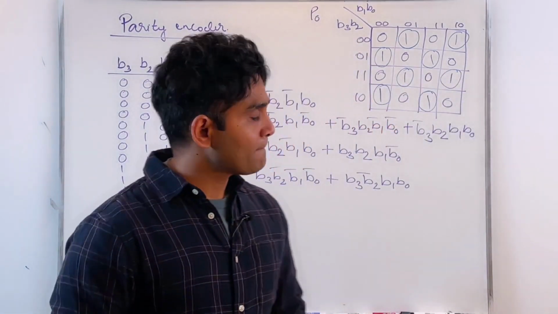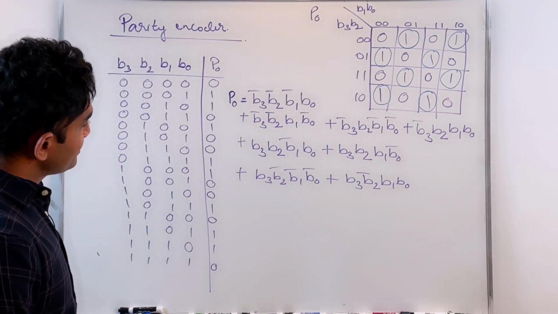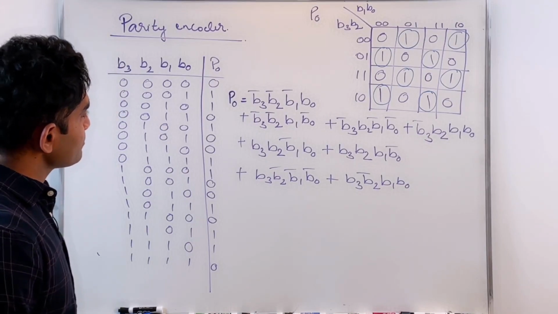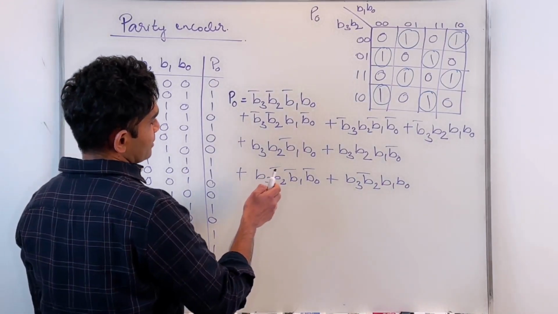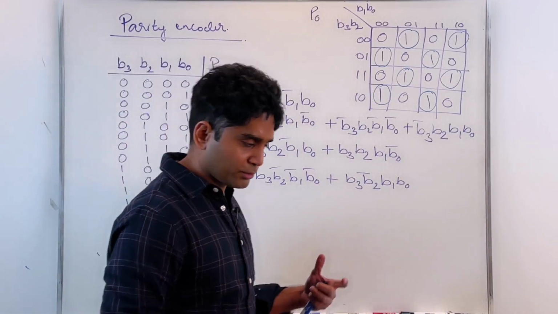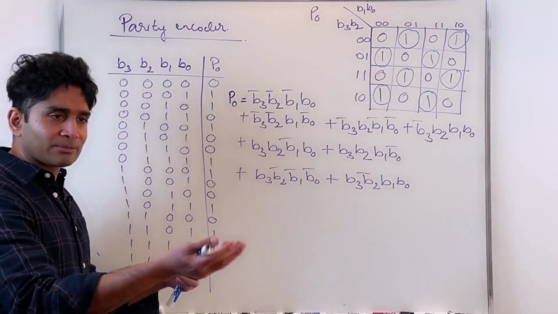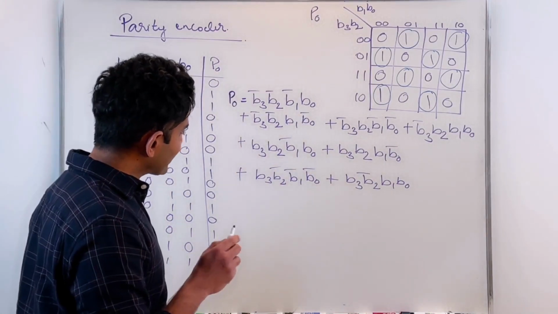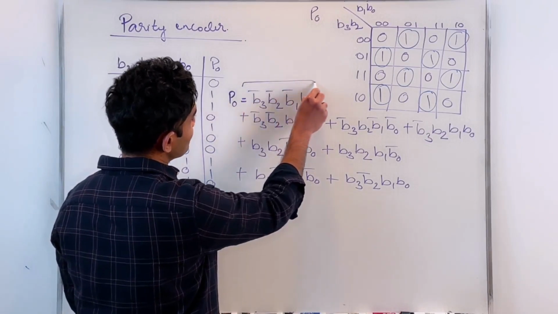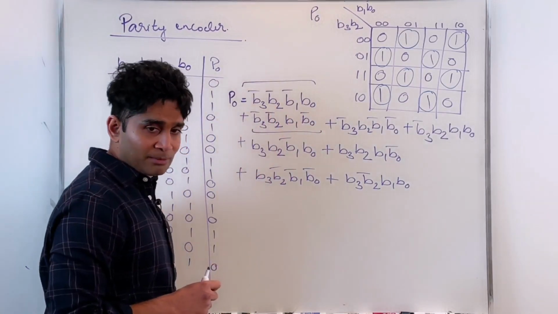Okay. But can I do something else? Now you'll notice that I cannot combine and eliminate terms here, like I could have done for other functions. But what I can do is express P0 differently. If I notice this expression and this expression, B3' B2' is a common factor.